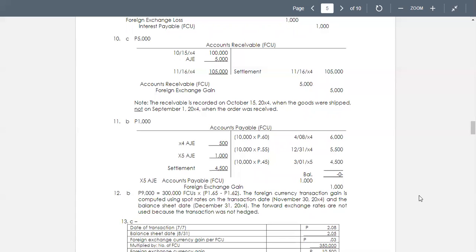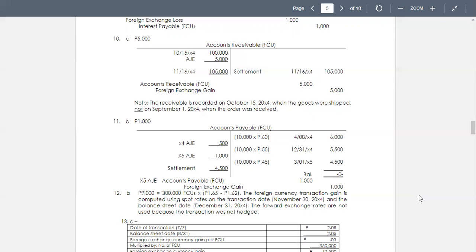The foreign currency transaction gain is computed using spot rates on the transaction date November 30 and the balance sheet date December 31. The forward exchange rates are not used because the transaction was not hedged. Now, hedging is part of chapter 7. The answer to number 12 is B as in boy.